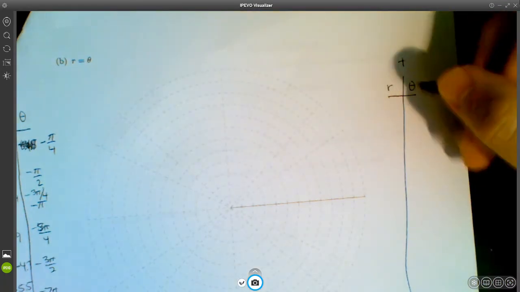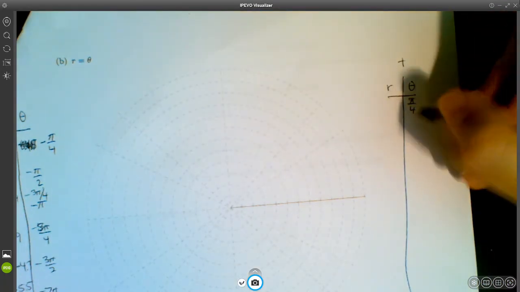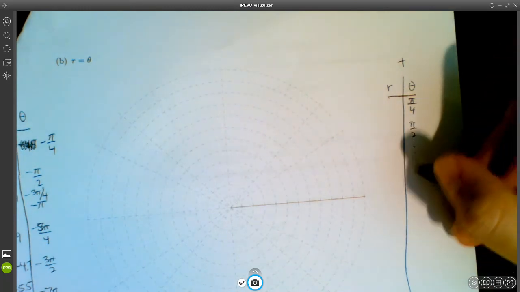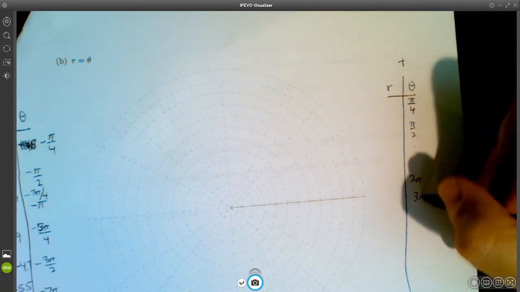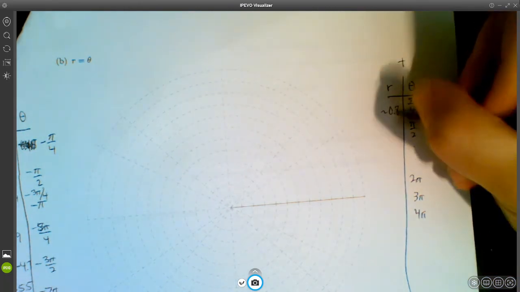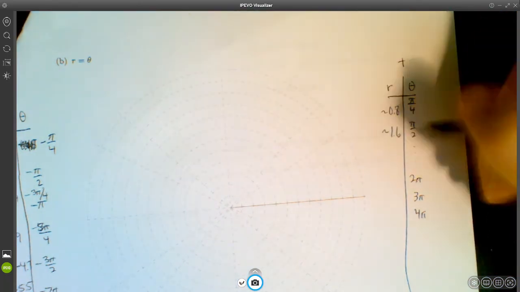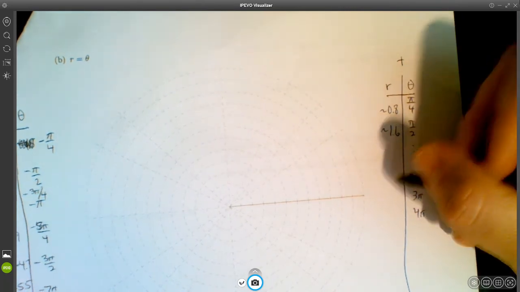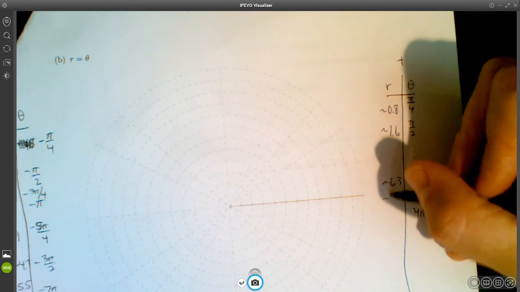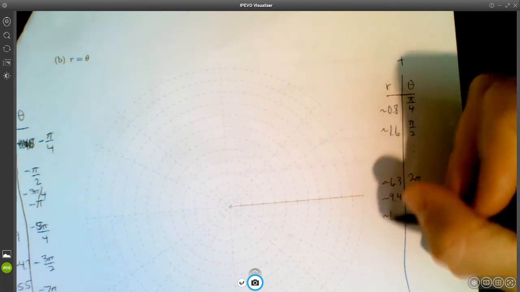Okay, now the good news is that I don't need to do this again for the positive angles over here because their values are all going to be the same. They're just going to be positive, right? So let's say 2 pi, 3 pi, 4 pi. It's going to be about 0.8, about 1.6, and so forth. At 2 pi, it's about 6.3, about 9.4, and about 12.6.